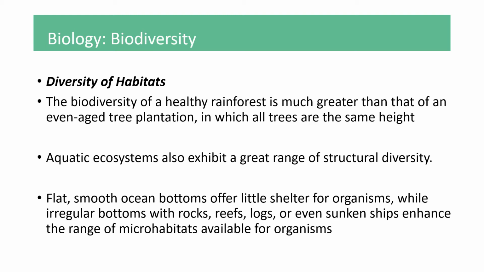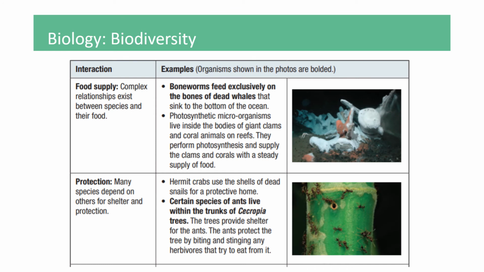Consider, flat, smooth ocean bottoms offer little shelter for organisms, while irregular bottoms with rocks, reefs, logs, or even old sunken ships enhance the range of the microhabitats available for organisms. Let's take a look at the interaction and some examples.